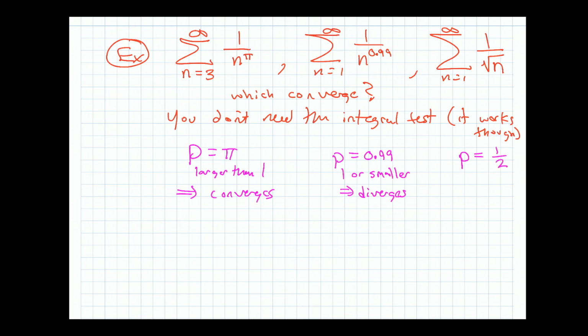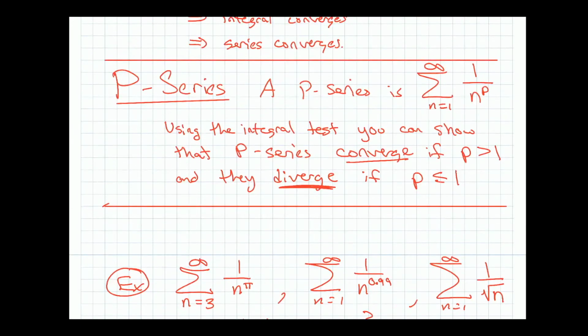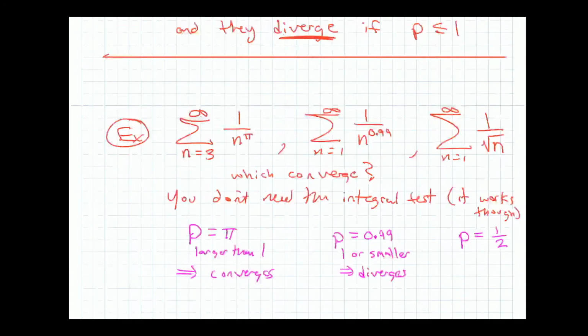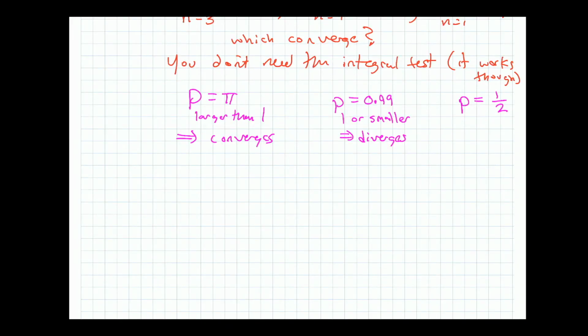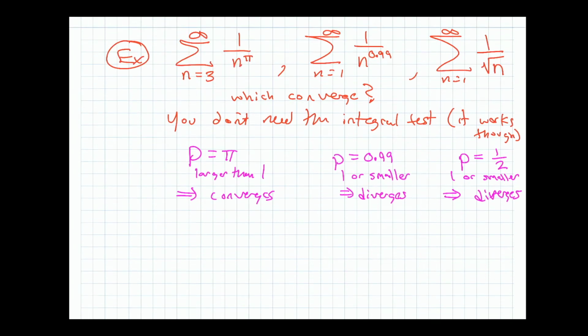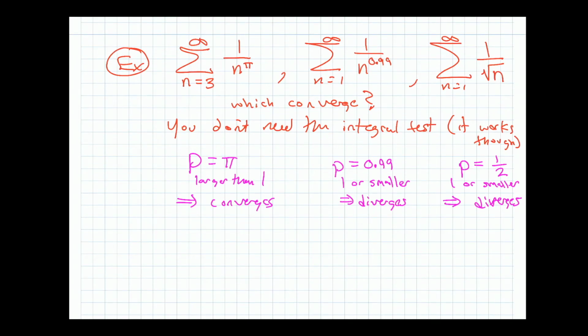It's actually n to the negative 1/2 in the denominator, but I'm only looking at the power in the denominator, not as a negative exponent. So P is 1/2, which is 1 or smaller. Diverges. It's as easy as that. Just figure out what the P is, and then you should be able to say converge or diverge. That is pretty straightforward.